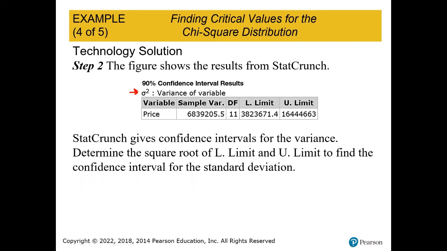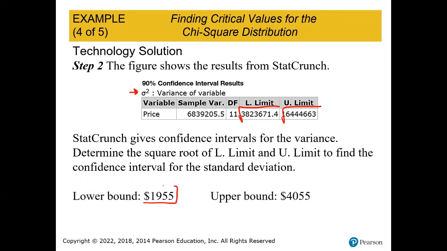Determine the square root of the lower limit and upper limit to find the confidence interval for the standard deviation. You're going to just in a calculator, take the square root of this value, take the square root of this value, and we will get the following. 1,955 is the lower, and 4,055 is the upper.